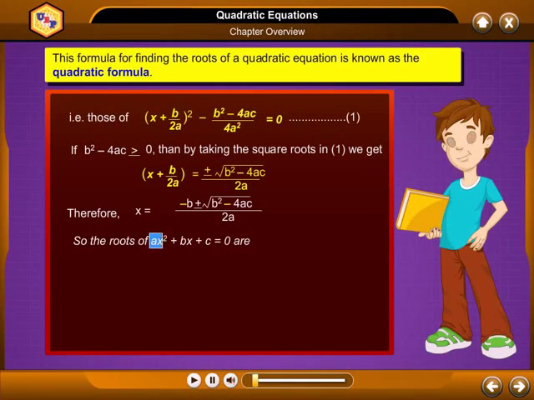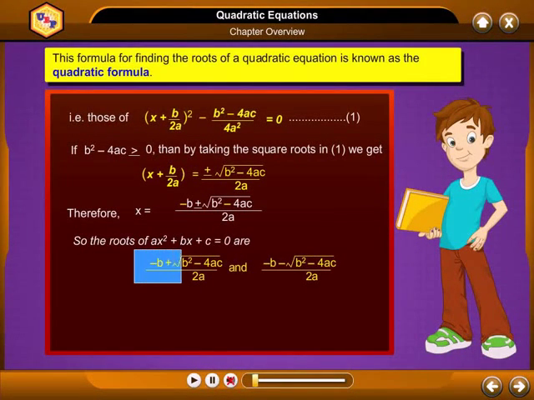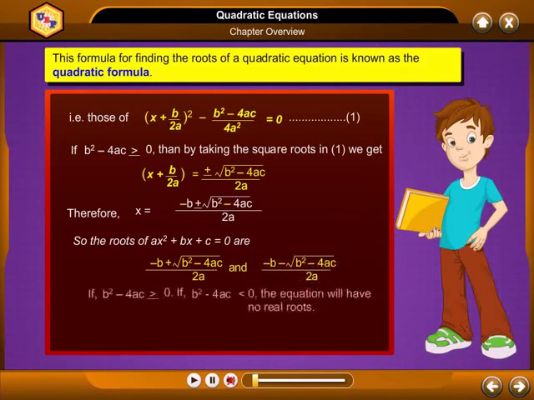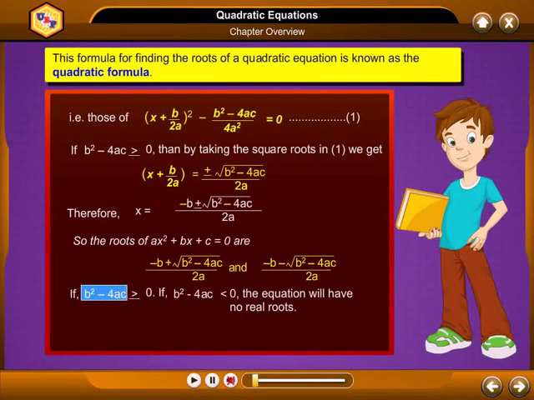So, the roots of ax² + bx + c are (−b + √(b² − 4ac))/2a and (−b − √(b² − 4ac))/2a if b² − 4ac ≥ 0.